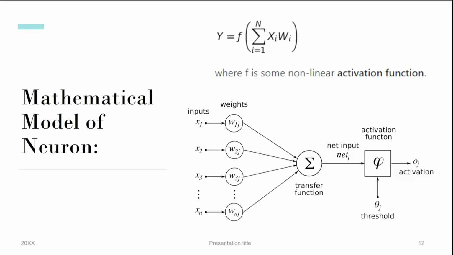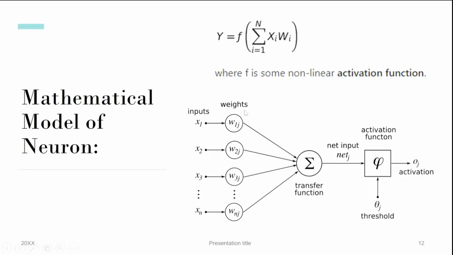The neuron does the summation of all these inputs multiplied by their weights, that is, xi multiplied by wi. If this summation is above a certain threshold, which we can decide, then we say that this particular neuron has fired. Otherwise we say that it has not fired for this particular set of inputs. So this is a mathematical model of a neuron.